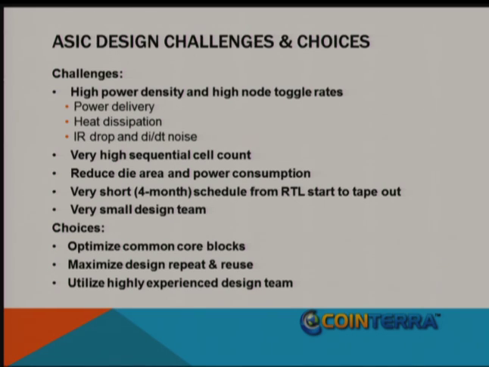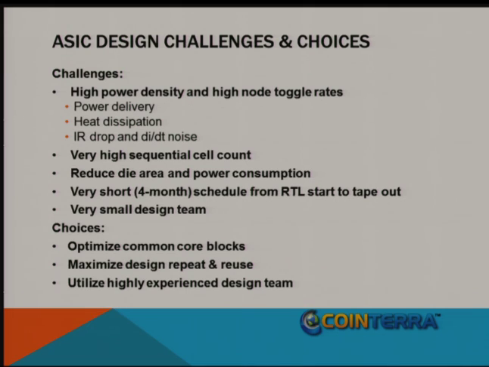Some of the challenges that we faced, besides a very short schedule from RTL start to design tape out and the pressure to ensure a fully functional first silicon, were the high node toggle rates, high power density, and high sequential to combinational ratio.